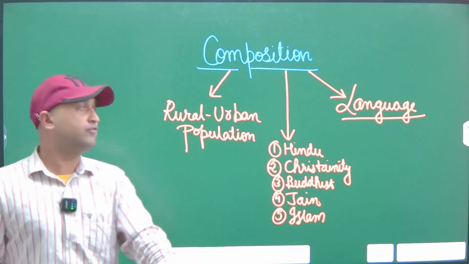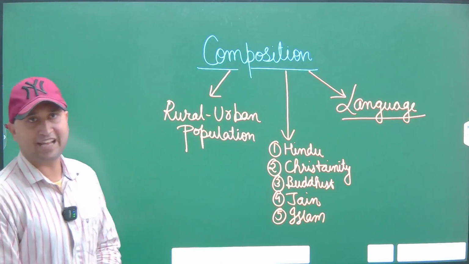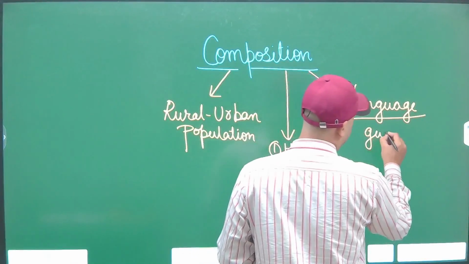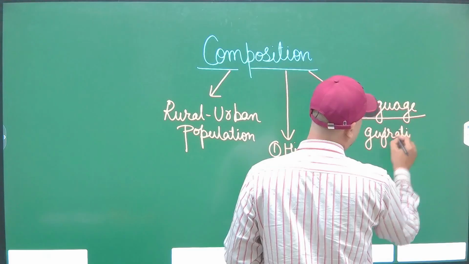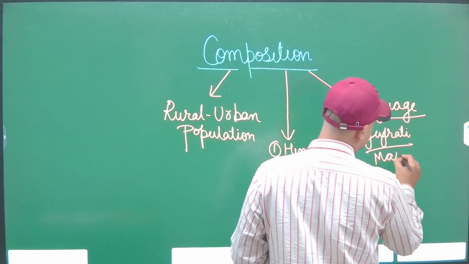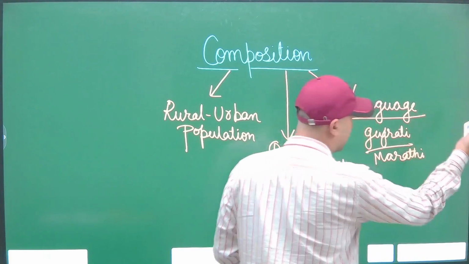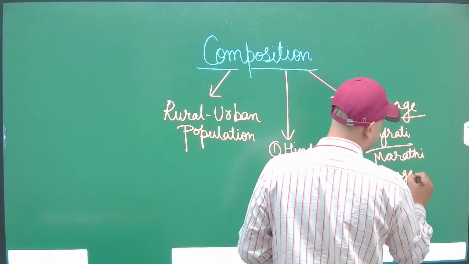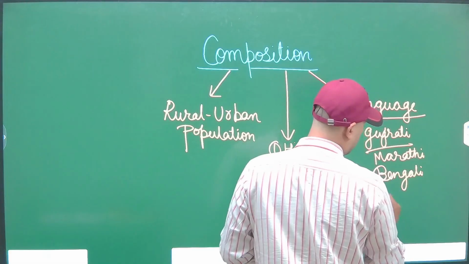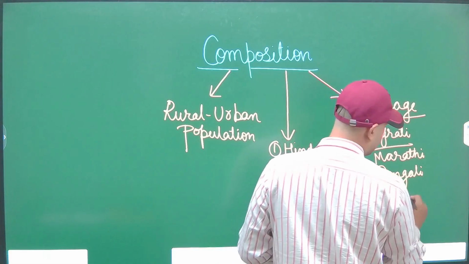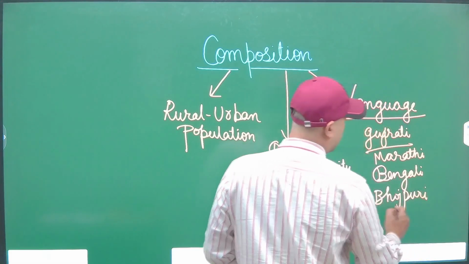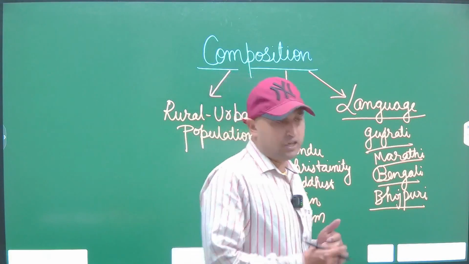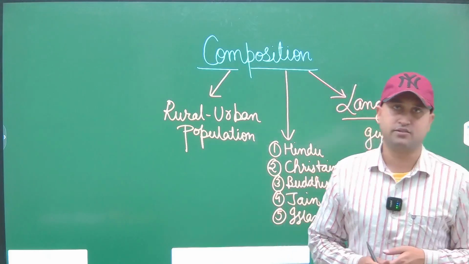So on the basis of language also, the population can be classified: Gujarati population, Marathi population, Bengali speaking population, and Bhojpuri speaking population. This is called linguistic classification of the population.